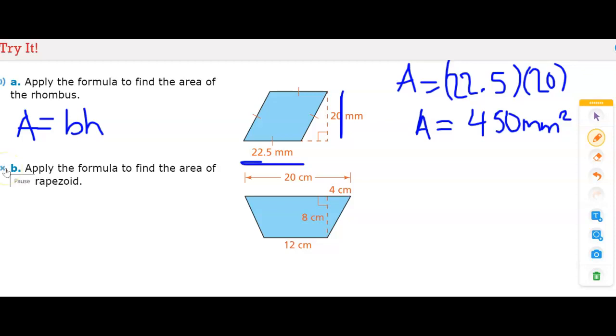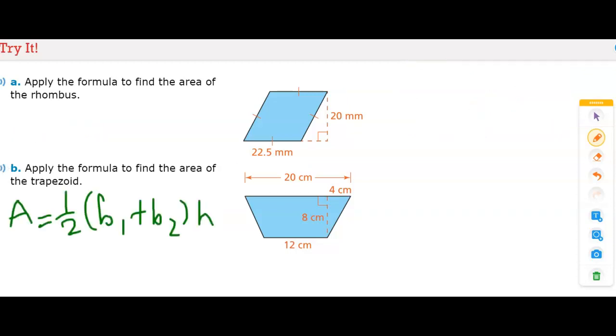Part B. Apply the formula to find the area of the trapezoid. The formula for trapezoid is area equals 1/2 times base 1 plus base 2 times height. So let's substitute our variables.